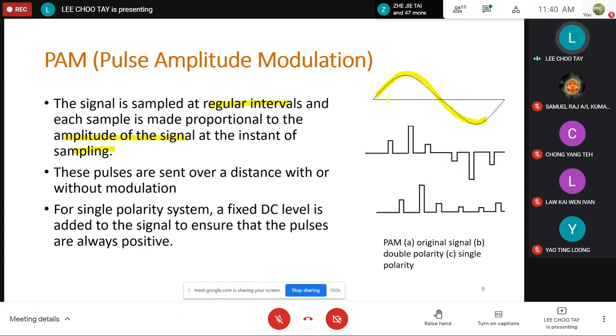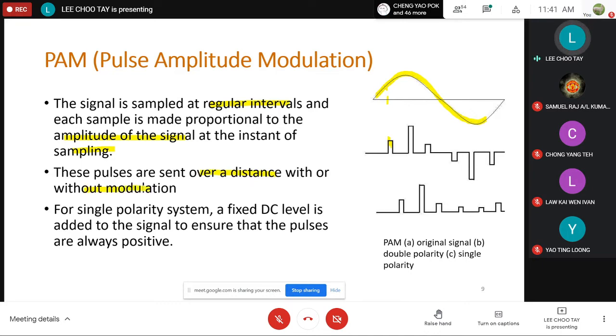At the instant of sampling, we get a pulse, and the height of this pulse is proportional to the amplitude of the message at the time we take the sample. These pulses are then sent over a distance with or without modulation.